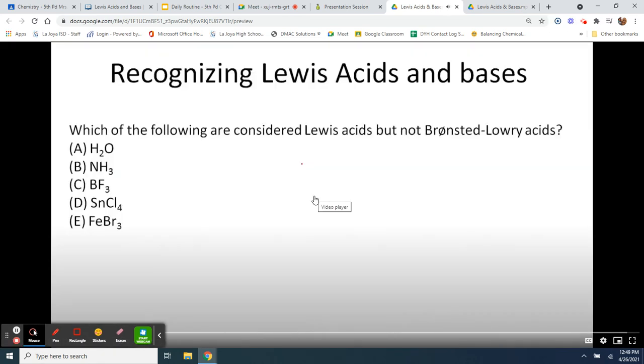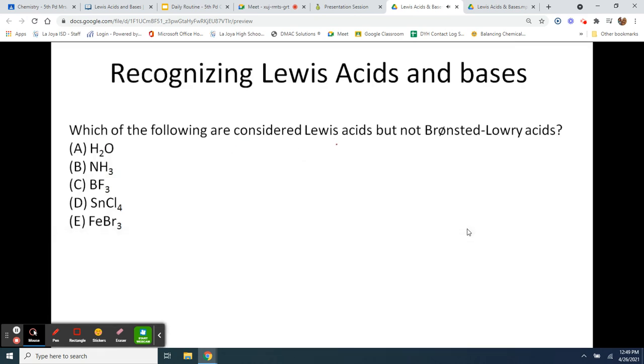Remember, Bronsted-Lowry acids are donating hydrogens. So we have to go through here and see which ones would fit the Bronsted-Lowry acid definition, and those are the ones we're going to cross out.